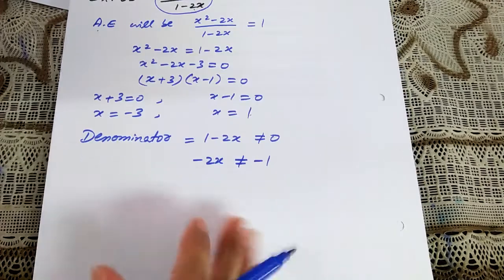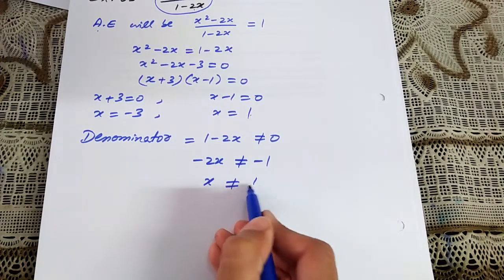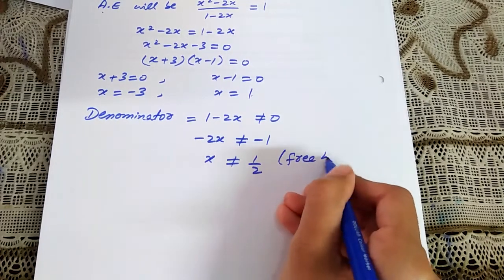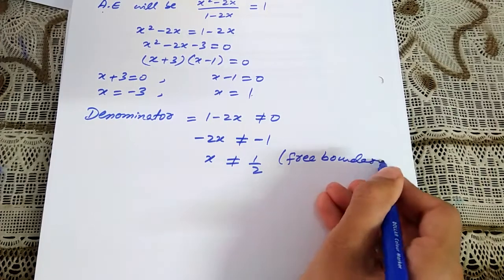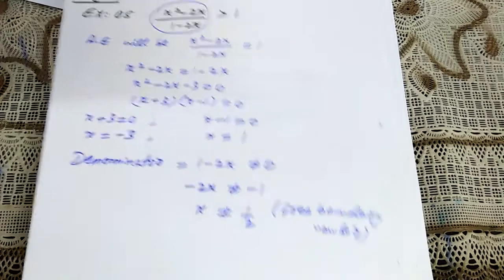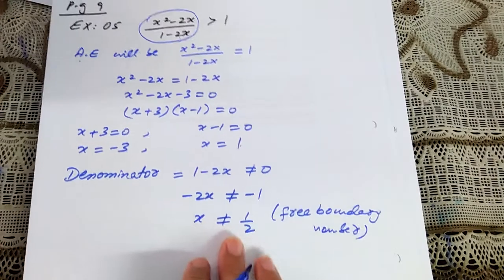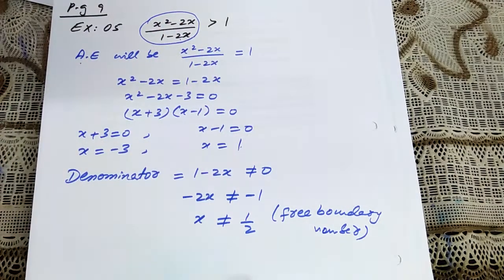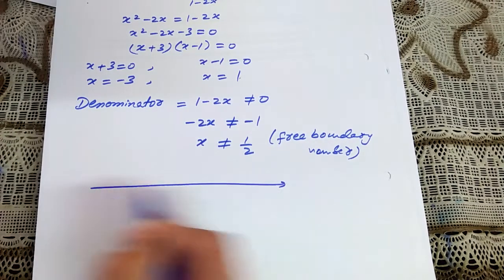So it means that x cannot be equal to 1/2. So this is my third boundary number. This point cannot be included in the solution because on the value of this x value, this term will become undefined.